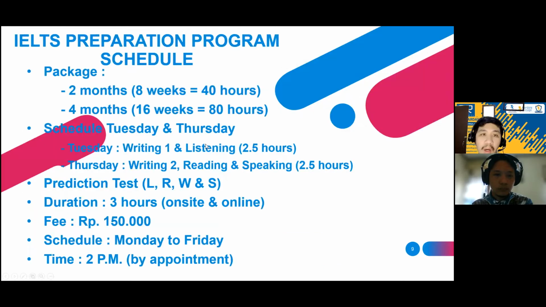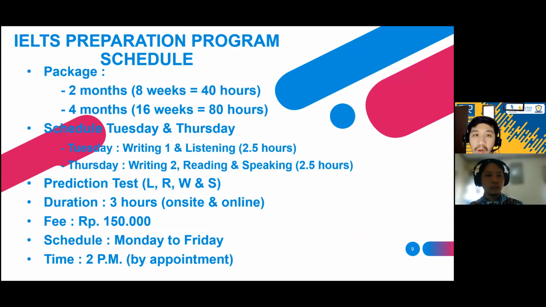This is the new class, the IELTS preparation program schedule. There are 2 packages that we are offering: a 2 months package and a 4 months package. The 2 months package is approximately 40 hours, and the 4 months package approximately 80 hours.